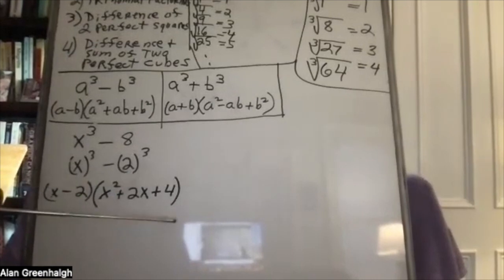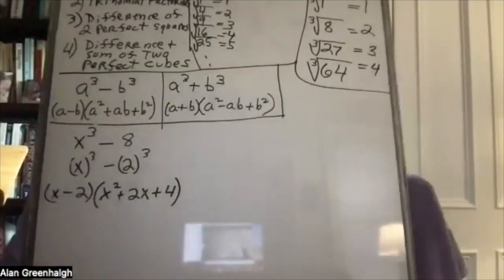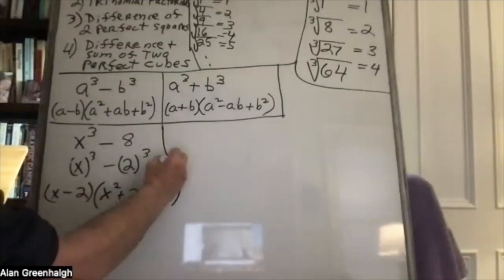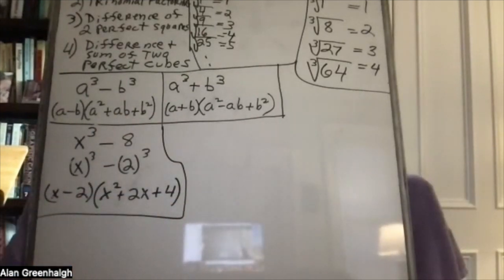And what are we left with? We're left with a squared, but again, since a is equal to x, that'll be x squared. A is equal to x, but b is equal to 2, therefore that'll be 2x, and b is equal to 2, and this is b squared, 2 times 2 is 4. And this is the answer to the question. This will be a test question on the next test.